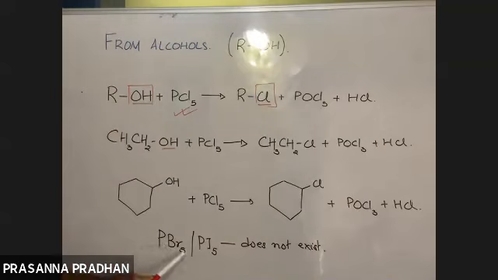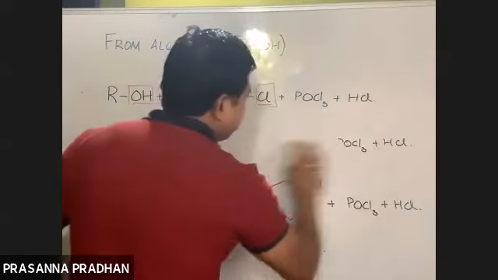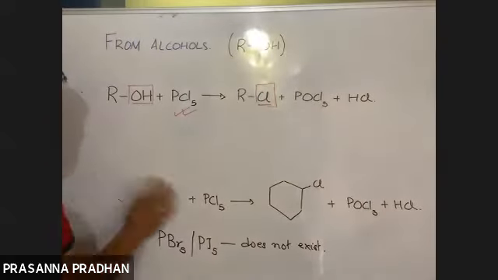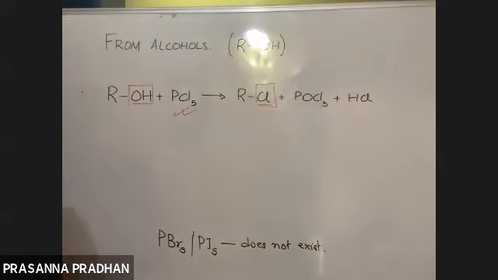So remember, if we write down PBr5, that would be wrong because PBr5 does not exist. If I write down PI5, that would also be wrong because PI5 does not exist. Only phosphorus pentachloride will exist and it will react in this way.